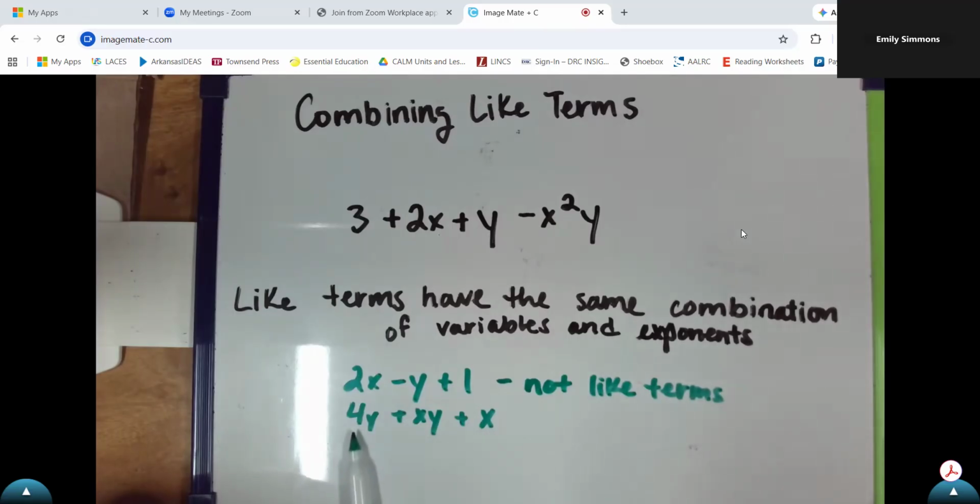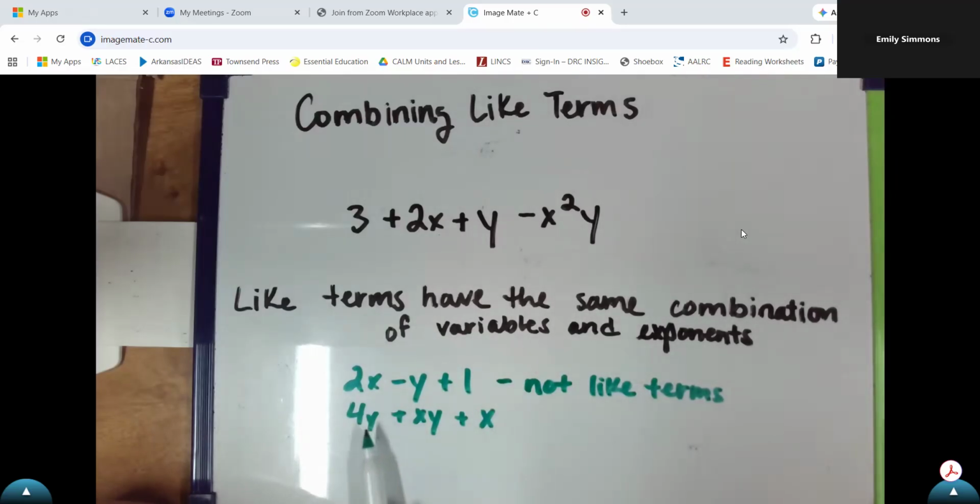And I couldn't combine 4 times 2 plus the 3 to get 5 times something, because I don't know what these two variables are, but even if I did, that 2 is different than that 3.